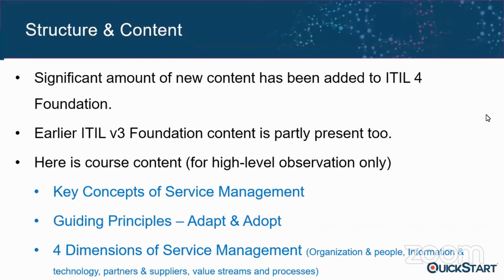And these 4 dimensions are organization and people, information and technology, partners and suppliers, and the fourth one is value streams and processes. So they have broadened the scope of this individual 4 Ps which we had in the service design stage of the service life cycle.